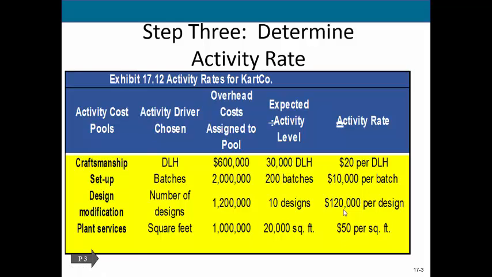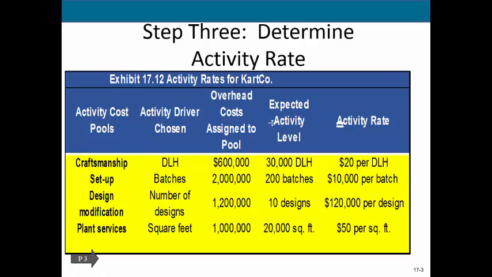And this is important because it really shows us that if setup and design really do use this much of our overall overhead money, then we need to make sure that we're really looking at, are we properly allocating? What we'll find as we move forward is that the custom product that we are making uses many more batches, and it uses all of our design work.